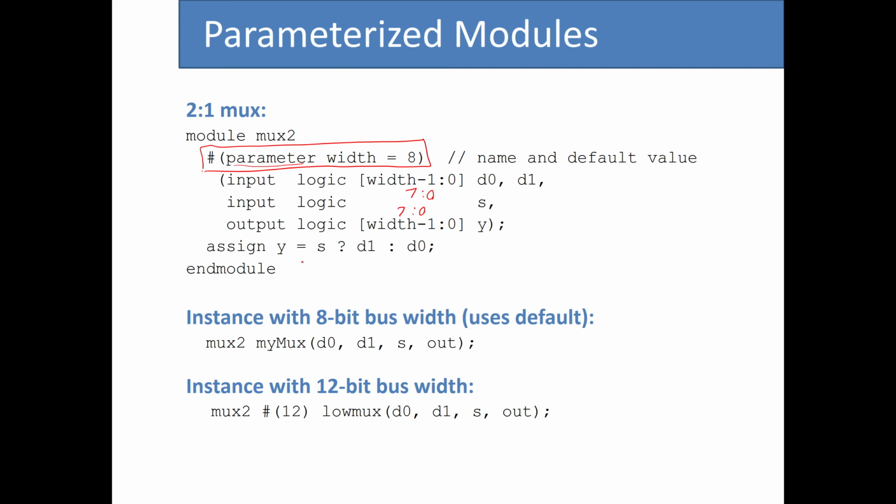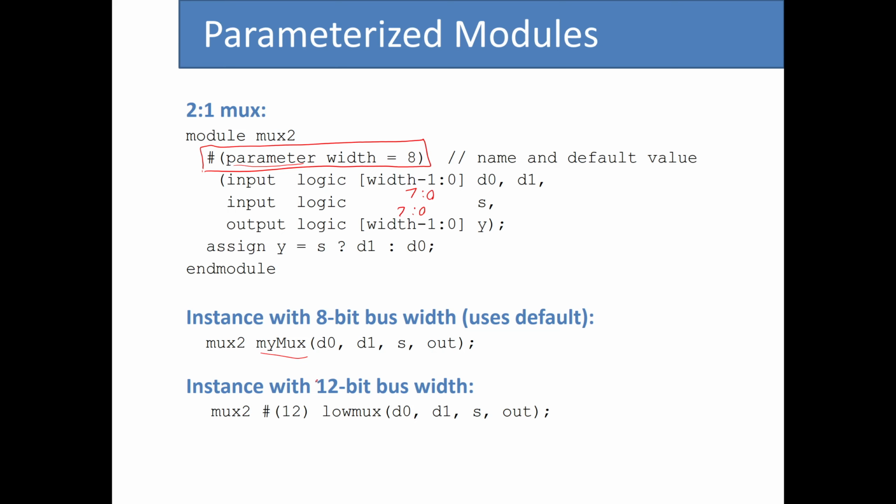But now let's say we want to call this module in another module. What we can do is that we can just say mux2. This creates an instance of this new version of mux2, and since we didn't specify the width or the parameter, it uses the default value, which is 8 bits.